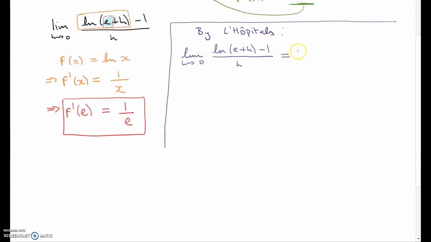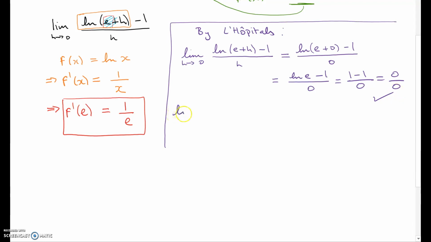So under substitution, that would be the log of e plus 0 minus 1 over 0. Well, the log of e is 1, so that would be 1 minus 1 over 0, which is 0 over 0. So that means the indeterminate form is the way to go.